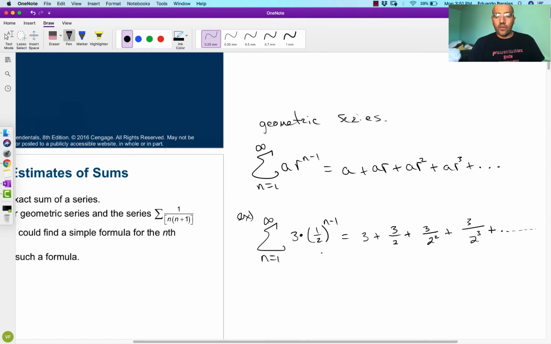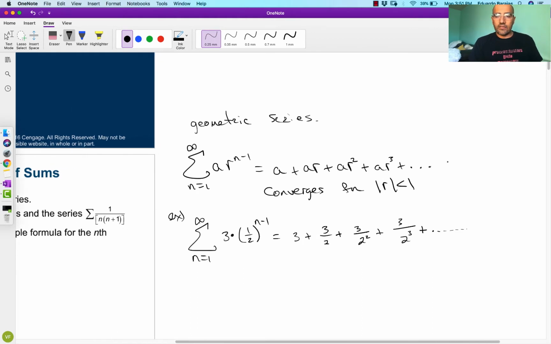And we know that it will add up to some constant as long as the absolute value of r is less than 1. So it converges for absolute value of r less than 1. And what does it converge to? This infinite sum turns into a divided by 1 minus r.